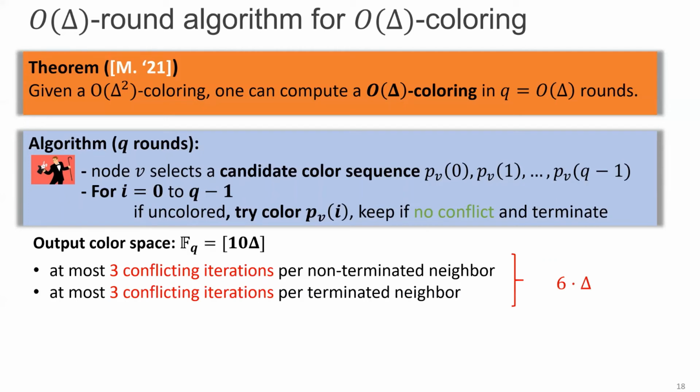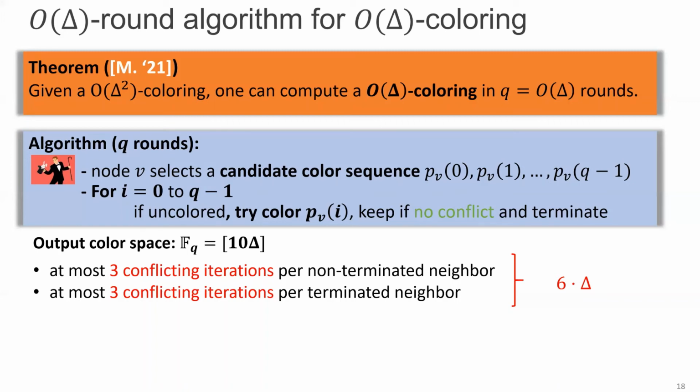The output color space, all of these elements live in F_q, so it's 10 times delta, that computes a 10 times delta coloring. The question is, why does it terminate, or why is everyone colored in the end? This is because two of these sequences intersect in at most 3 positions. So when you look at two neighboring nodes, while both of them are still trying to get colored, you have at most 3 iterations where they try the same color.